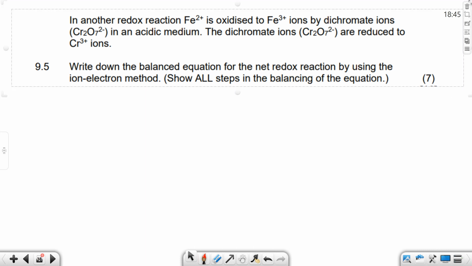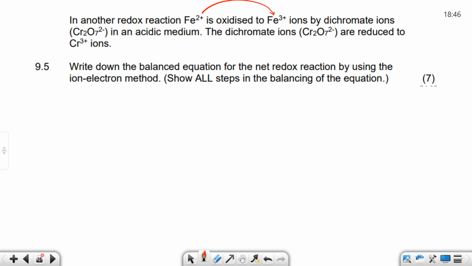All right. In another reaction, Fe2+ is oxidized by dichromate ions in an acidic medium. The dichromate are reduced to what?